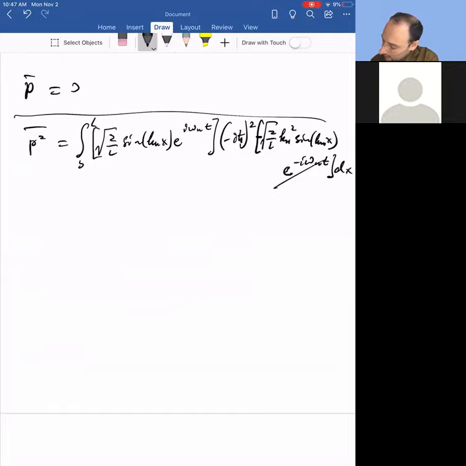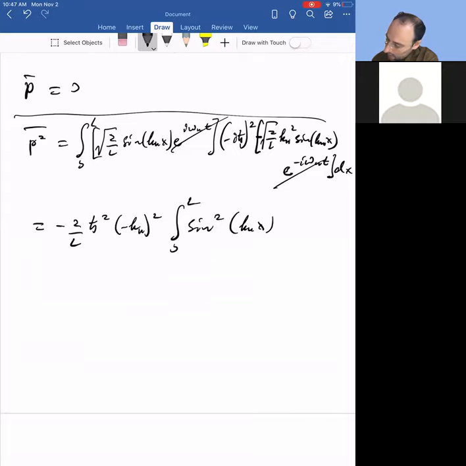Again, these things cancel. If I clean it up, you get minus 2 over L h bar squared times minus k_n squared and times the sine squared of k_n x from 0 to L dx.